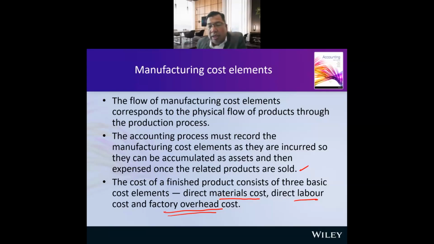Direct labor is the employees or workers who are directly involved in manufacturing the product, and other factory overhead costs, not the HQ. This is the factory overhead cost: electricity, maybe the rental, maybe the depreciation of the factory.